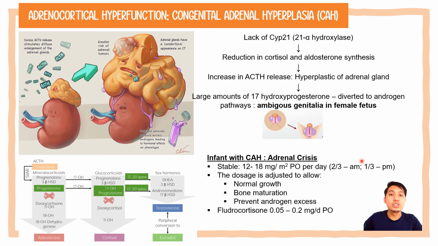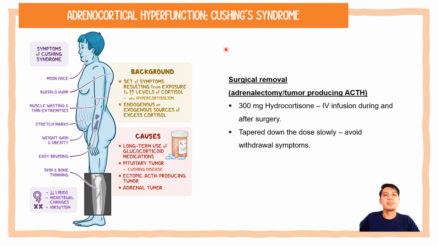The dose should be adjusted to allow normal growth and bone maturation, and to prevent androgen excess. Fludrocortisone 0.05 to 0.2 mg per day should also be administered by mouth with added salt to maintain normal blood pressure, plasma renin activity, and electrolyte levels.